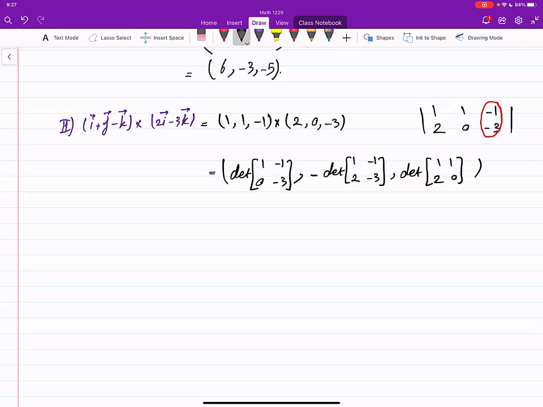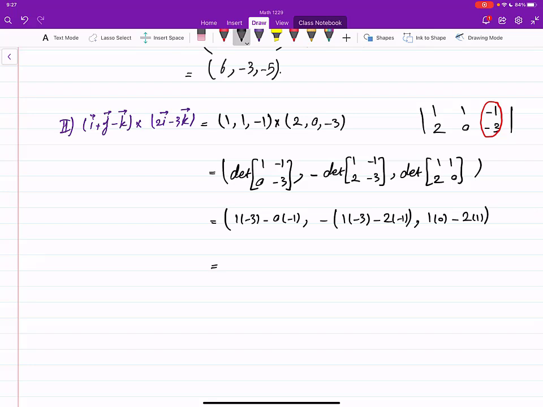Okay, now determinant of 2 by 2 matrix: multiply diagonal entries minus off diagonal entries. This one is 1 times negative 3 minus 2 times negative 1. And that one is 1 times 0 minus 2 times 1.